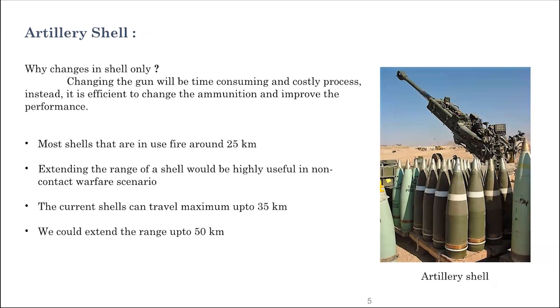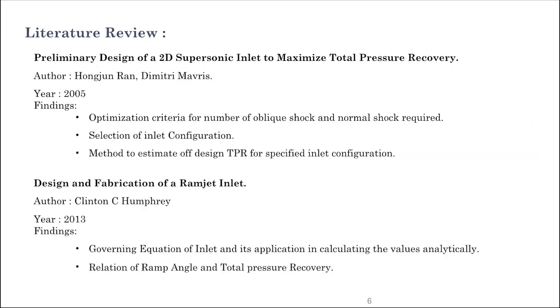If we go for making changes into the artillery gun, it will be more costly and more complex, because the guns are already optimized and already in use. We will not be able to implement it fast, because we would have to change the whole artillery of our army. So making the changes in the artillery shell is more beneficial.